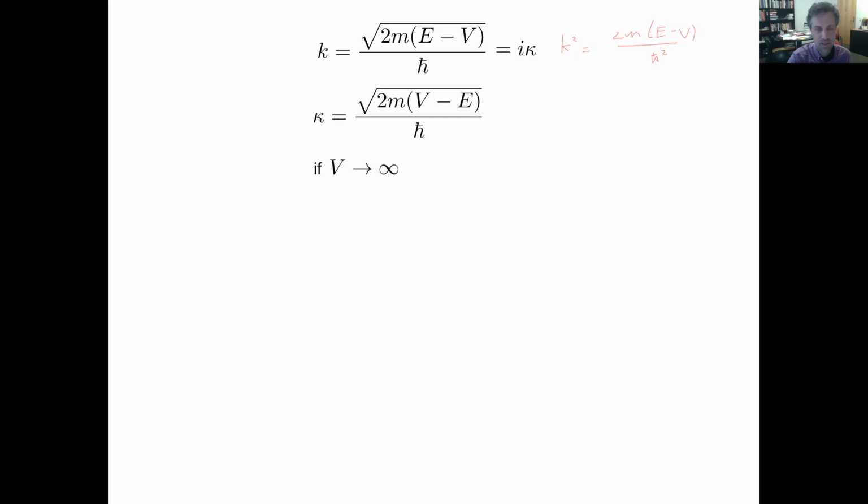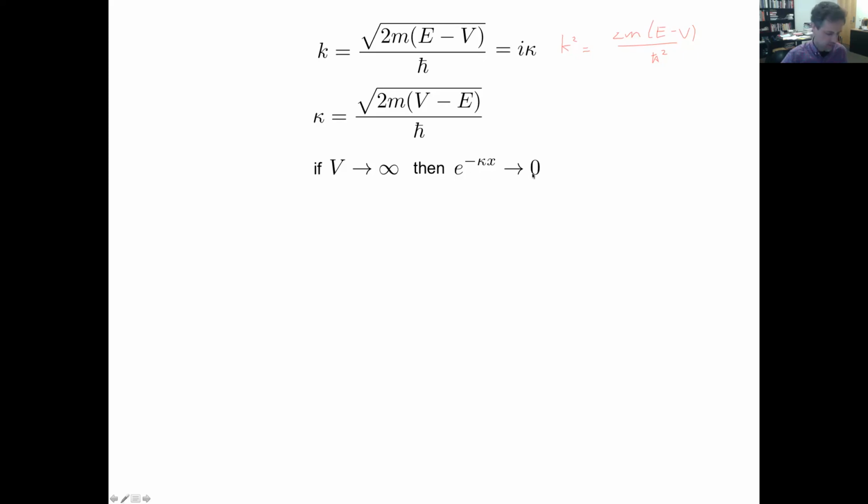What does that mean? Well, that's simple. Kappa is going to approach infinity as well. So that means that the wave function in the barrier on the right is going to be a decaying exponential with kappa going to infinity, meaning that the exponent decays to 0.